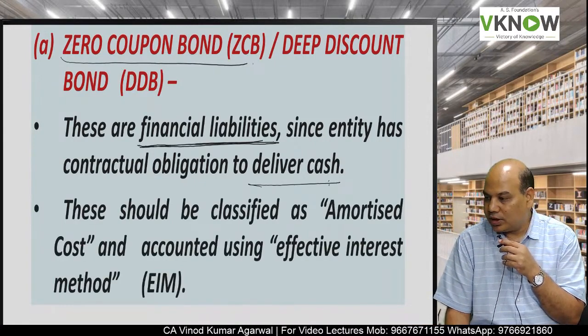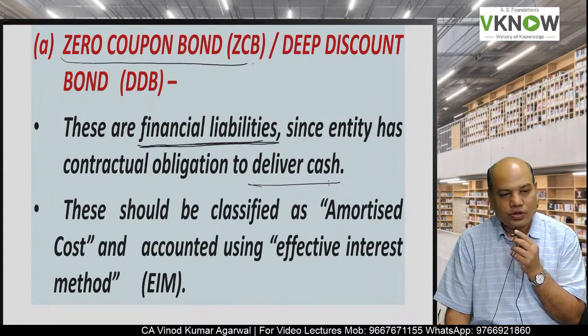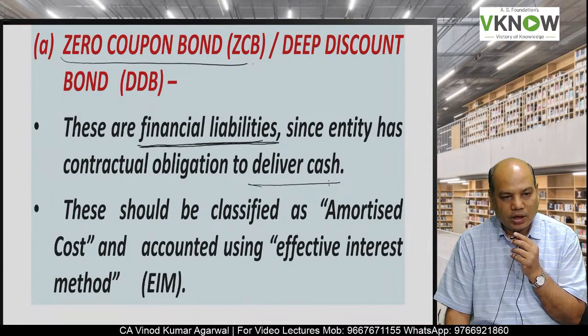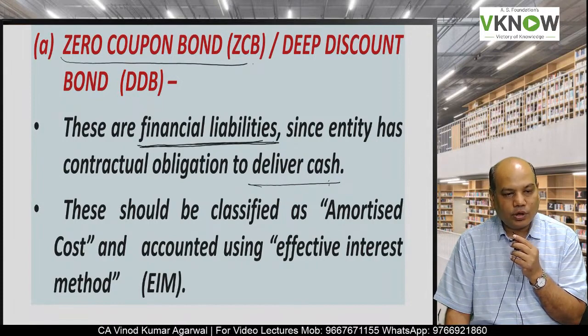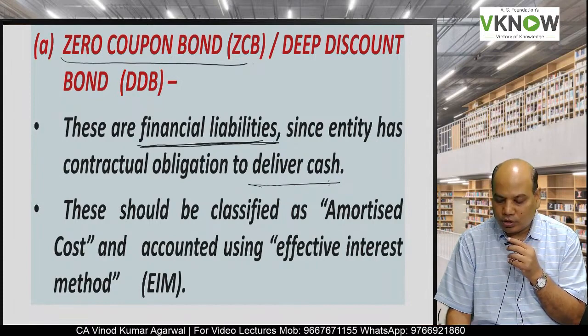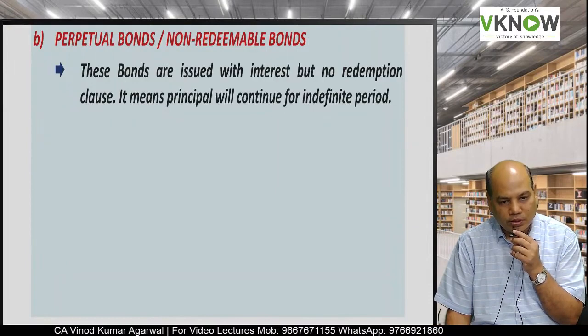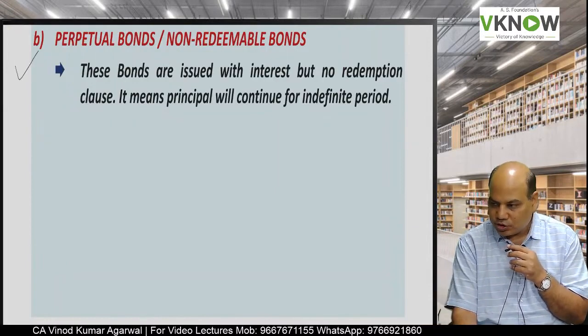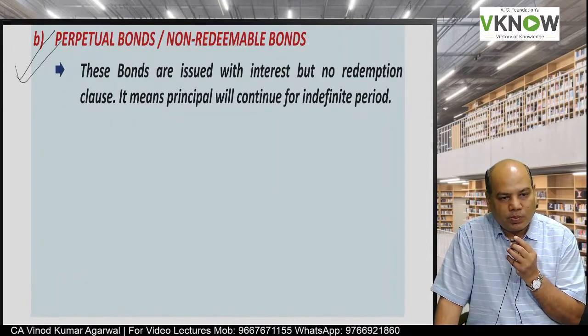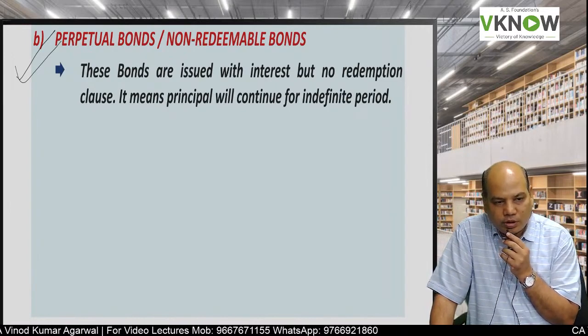They would be treated as amortized cost instrument, and the company will follow the effective interest rate for accounting of zero coupon bond.